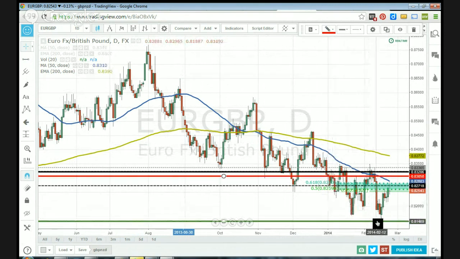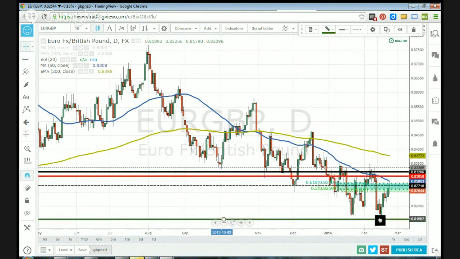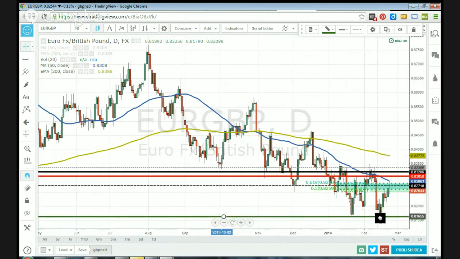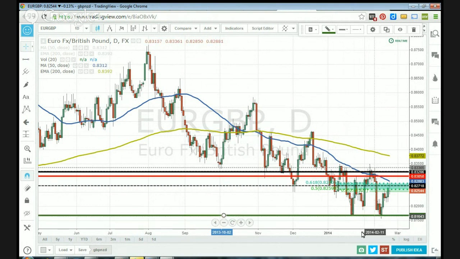And we'll target here, 81.70. So we are 81.64. So we are looking for 100 pips and risking about 34.